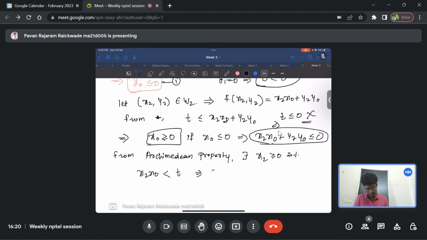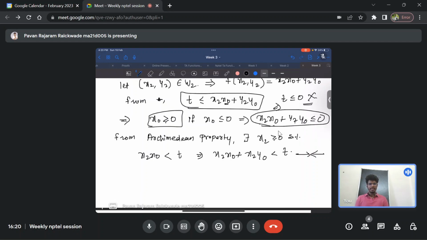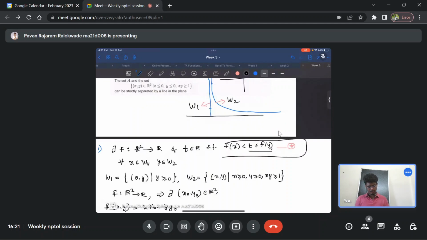And this implies x2 x naught plus x2 y naught will be less than t. But this is a contradiction, since t is less or equal to this quantity for all x2. So we are wrong. We cannot find a t and a functional f such that this star happens.